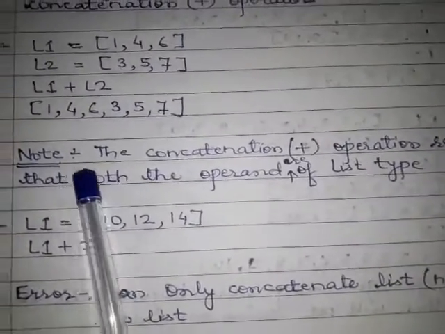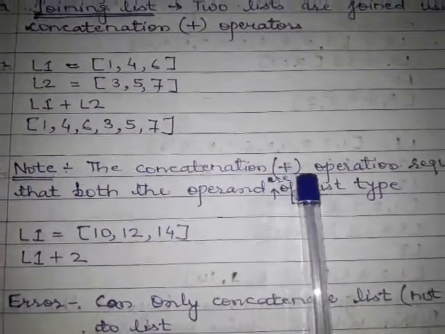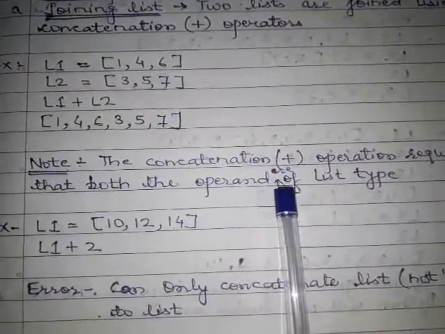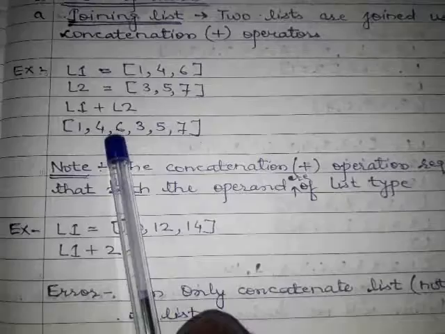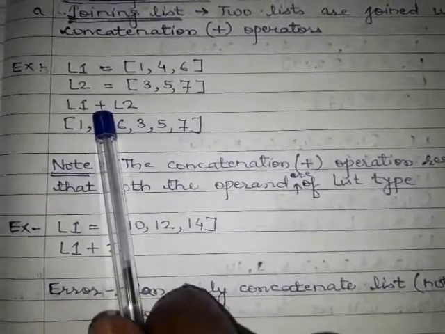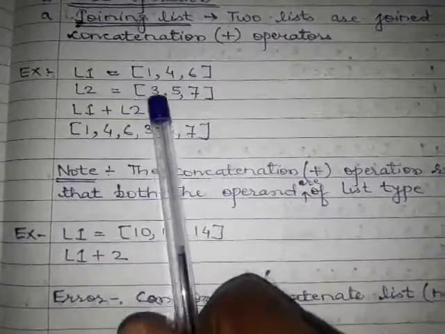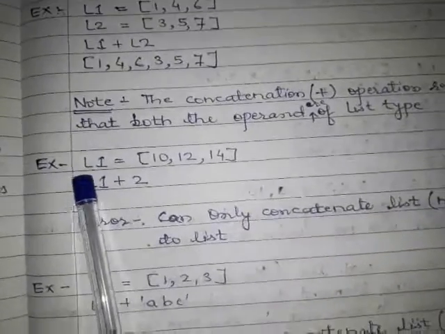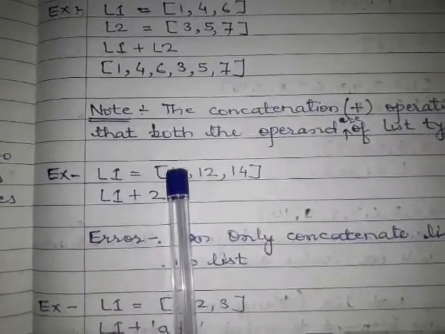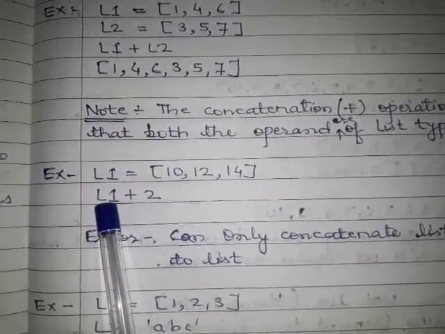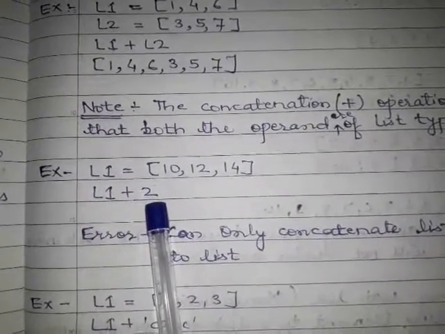Note, the concatenation operator requires that both operands are of list type. It means when you are using the concatenation operator, this L1 must be of list type and this L2 must be a list, otherwise it will raise an error. Look at this example. L1 is a list which contains 10, 12, 14 and I am concatenating L1 plus 2.